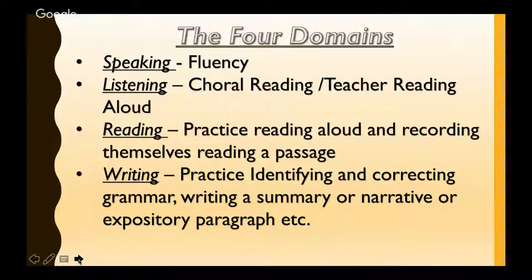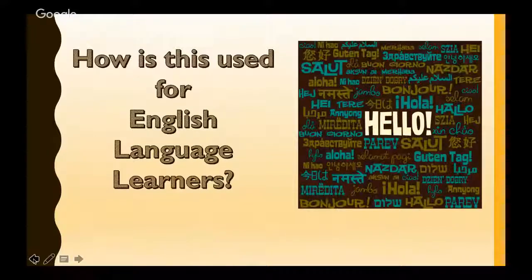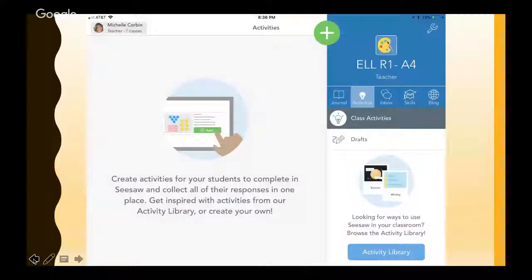Okay. And what I would say, try it out. The nice thing about Seesaw, before I forget to say this, is whenever the students submit something, whether it's an assignment, whether it is a picture, no matter what it is, it all comes through to the teacher and you have to approve it. And I'm going to go back a couple of pages just because I want you to see, and I'm going to see if I can point it out to you.